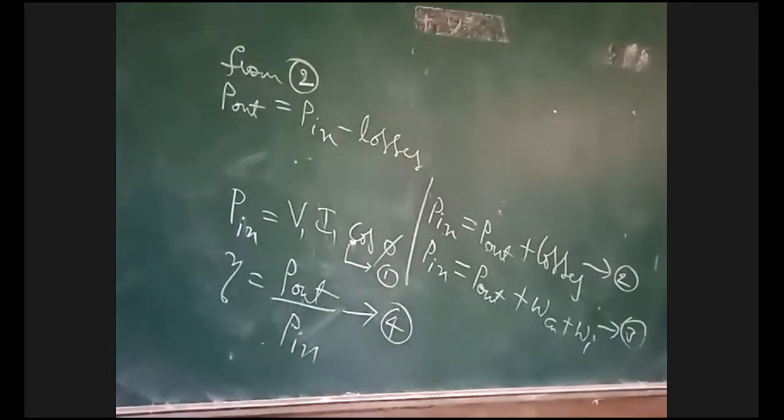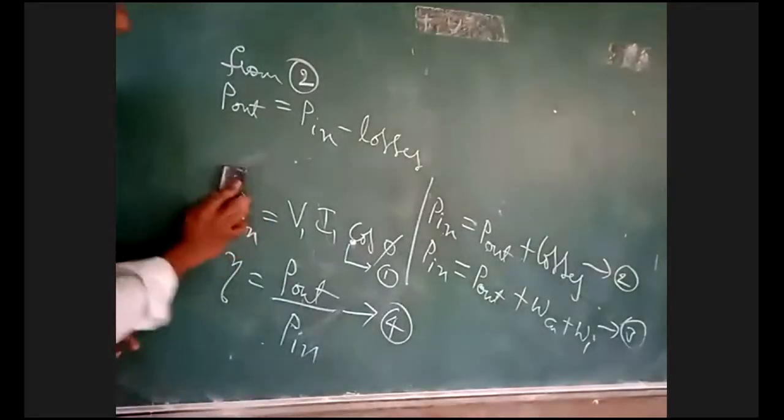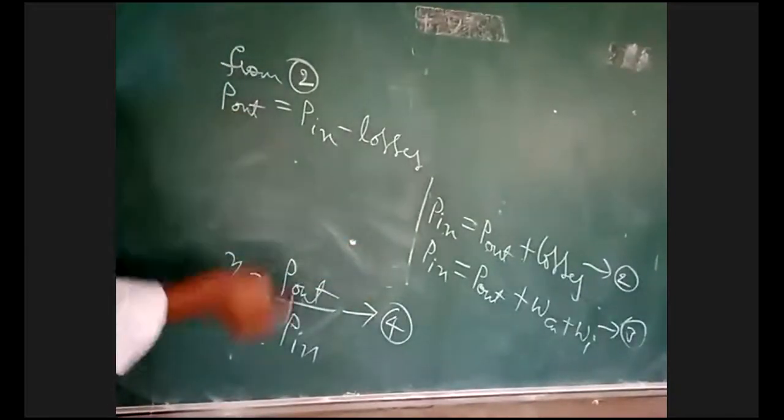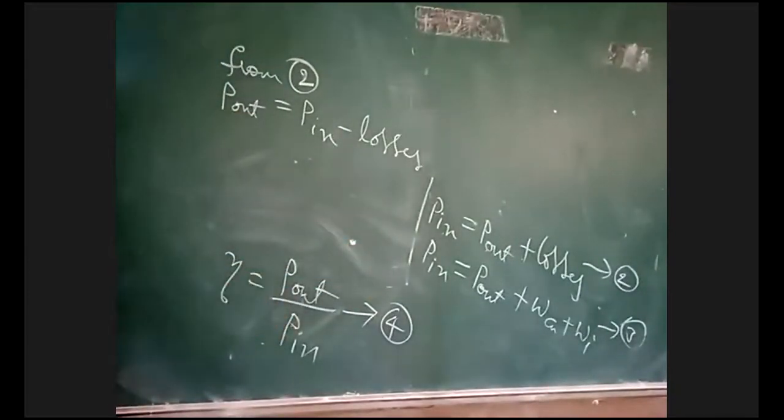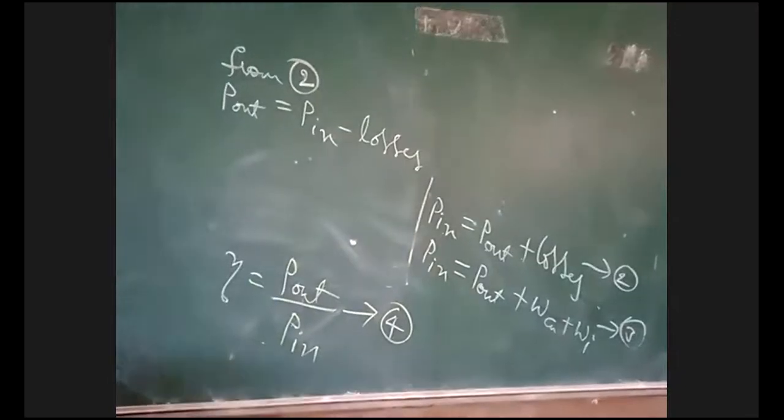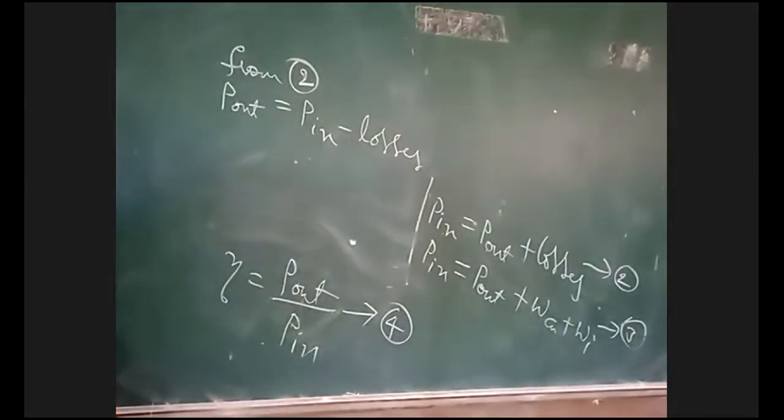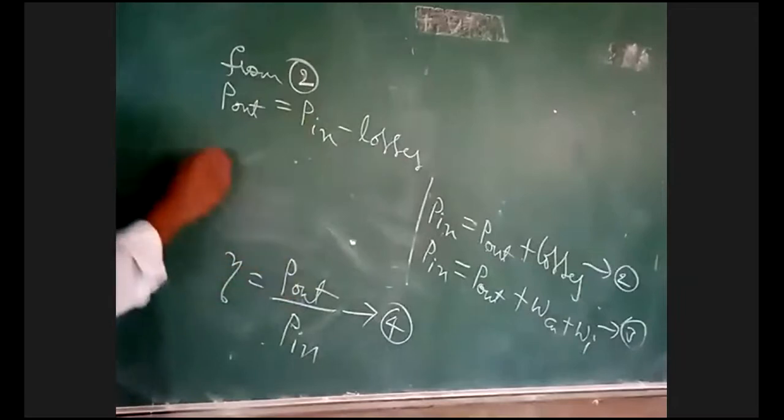Now in equation 4 you substitute this P out. In place of P out, substitute P in minus losses.